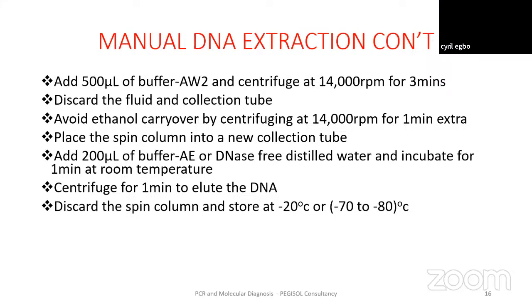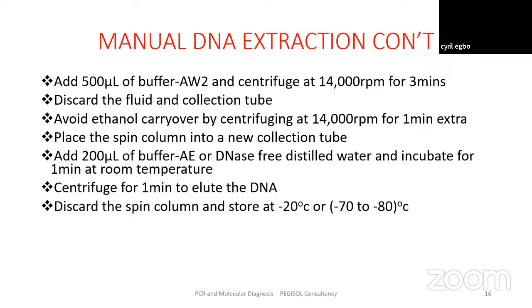Then you add 200 microliter of your buffer AE, which is your elution buffer. Or if you don't have this elution buffer, then you can use DNA-free distilled water and incubate for 1 minute at room temperature.